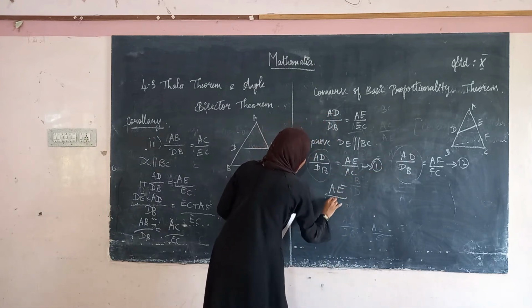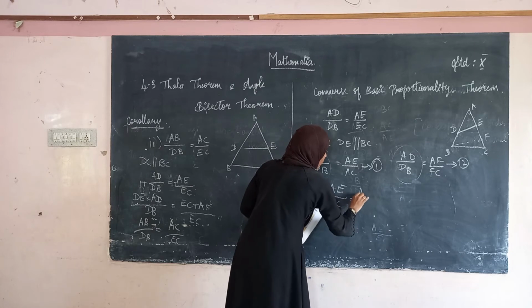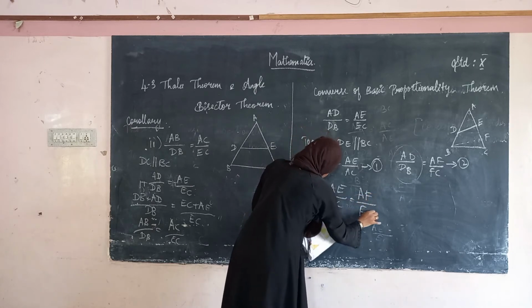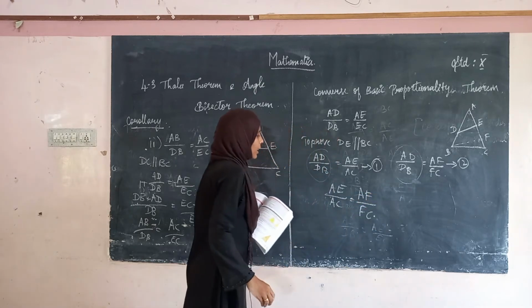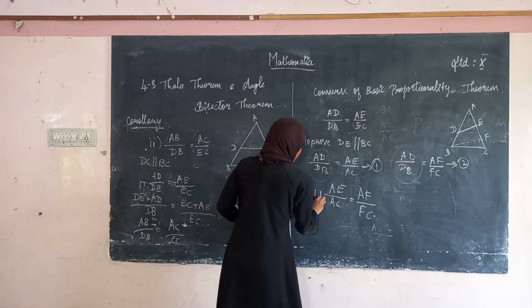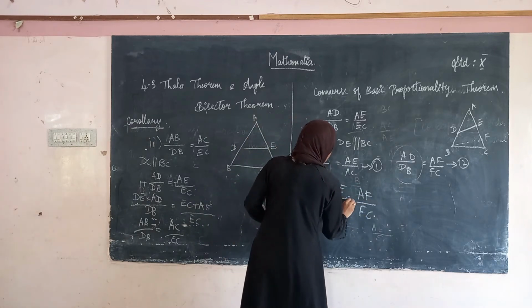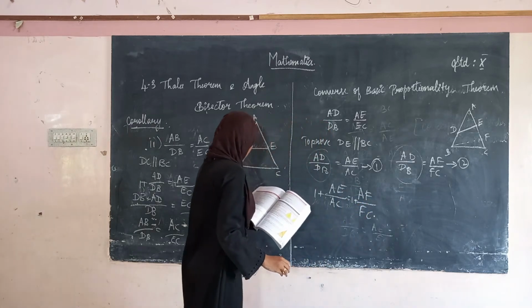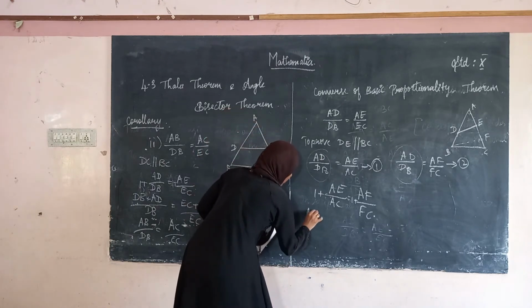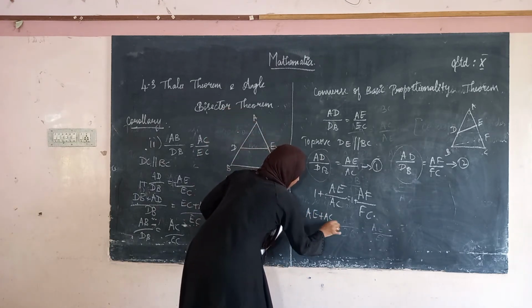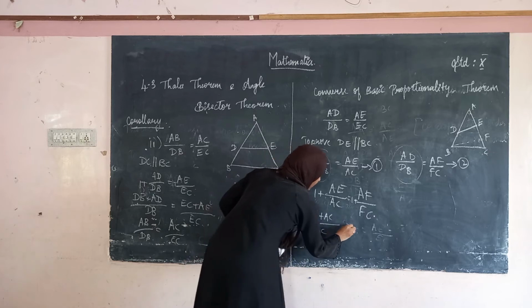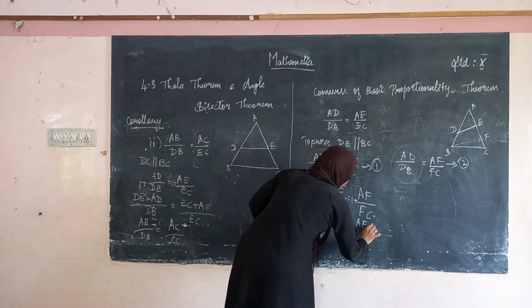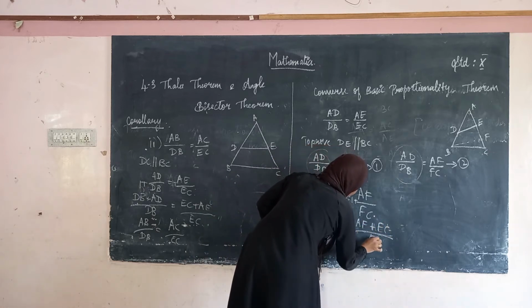AE divided by EC is equal to AF divided by FC. Okay, then add 1 on both sides. 1 plus. What happens then? AE plus, taking LCM, EC divided by EC is equal to AF plus FC divided by FC.